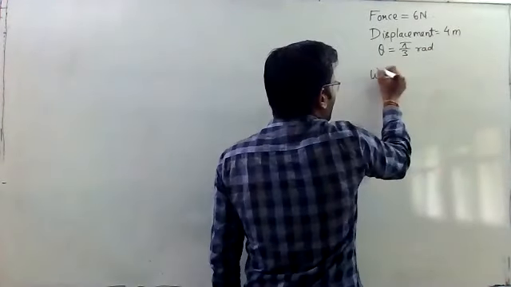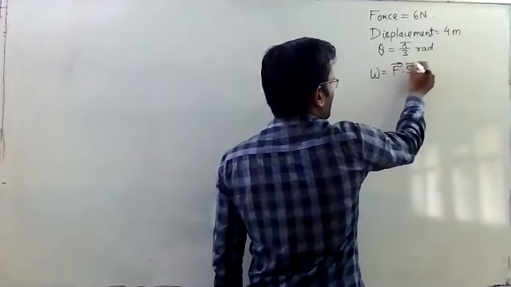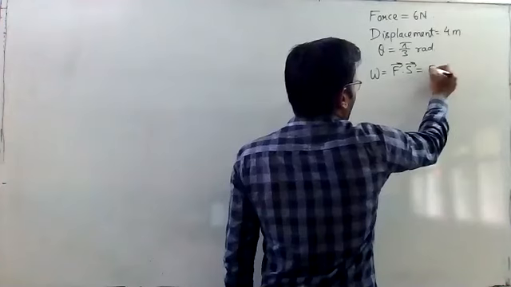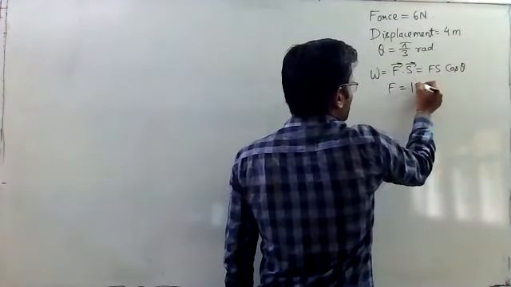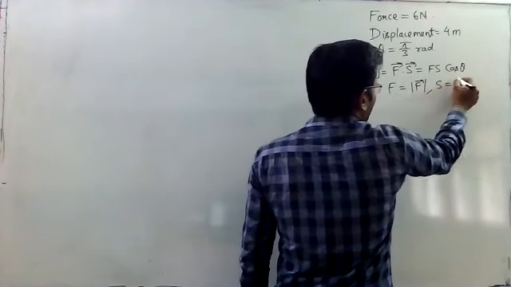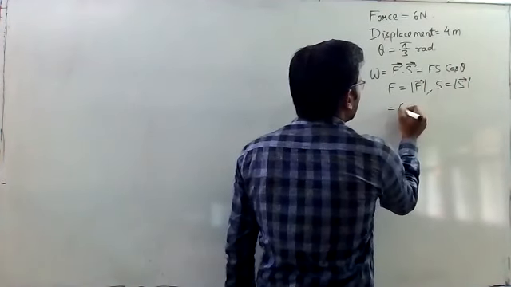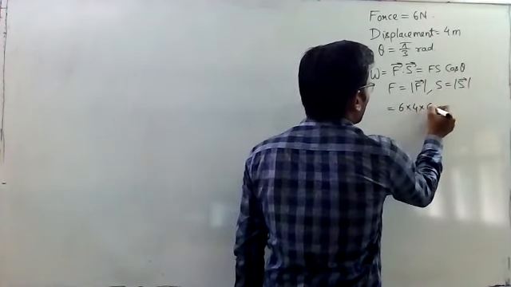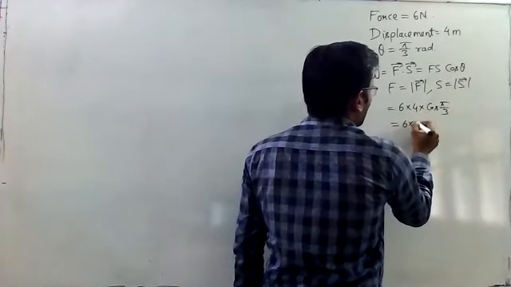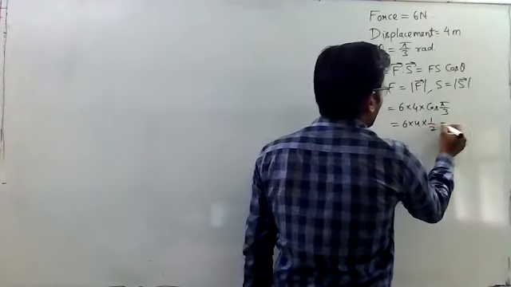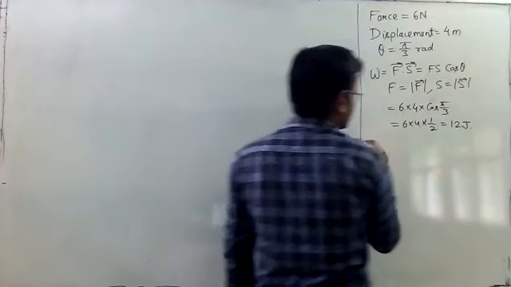Then what will be the work done in this case? Work done will be simply F dot S, so F S cos theta. Here F means magnitude of F and S means magnitude of S. So let's see what we are having: 6 multiplied by 4 into cos pi by 3 is equal to 12 joule.